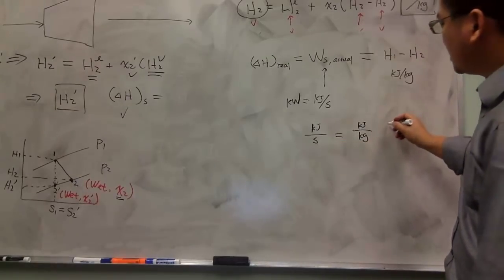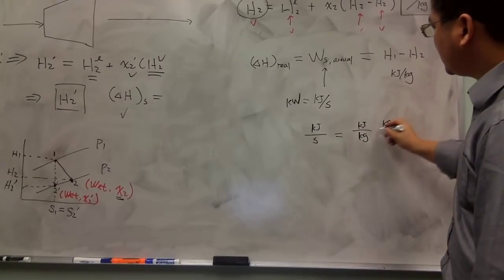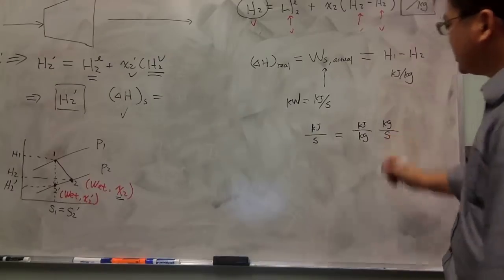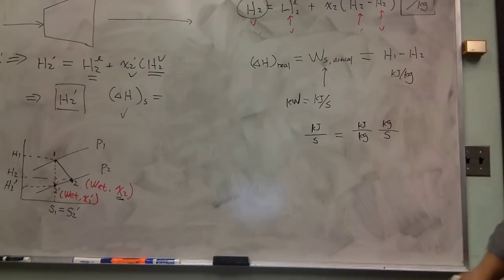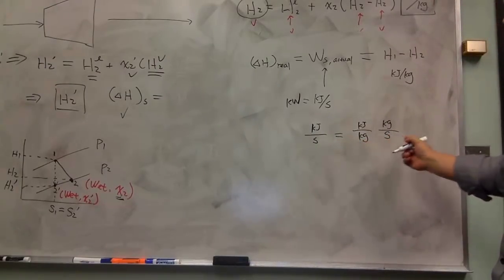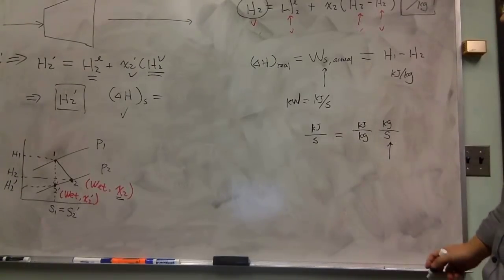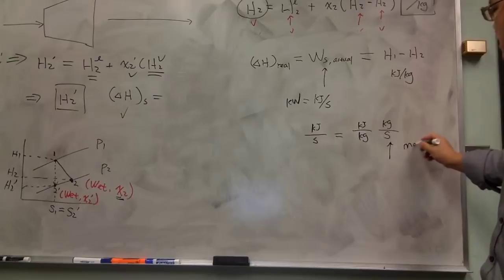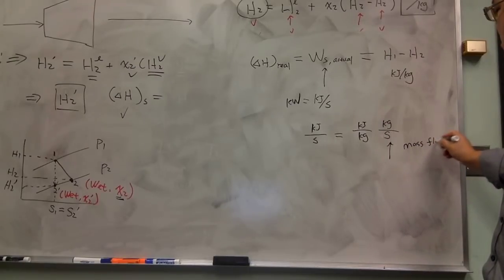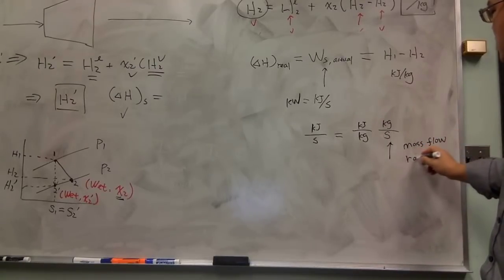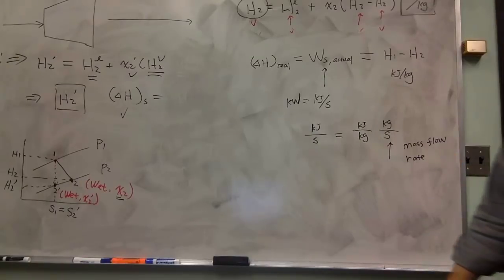So I'm missing something in kilojoule per second in order to satisfy the units. And what is that? This is indeed mass flow rate.